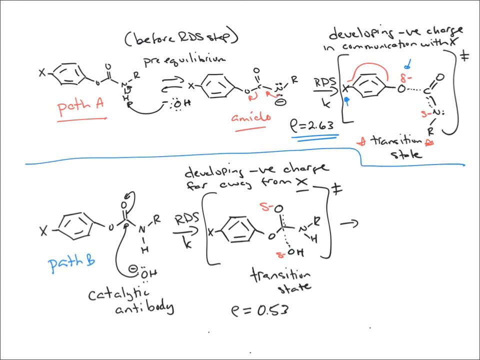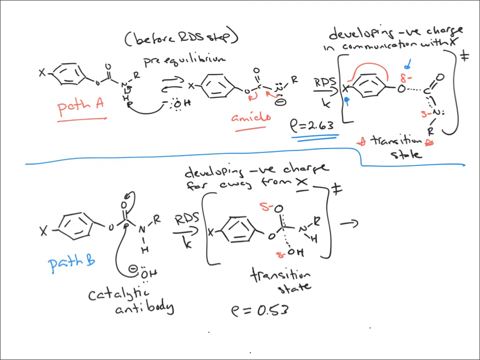So the rho value that we obtained under conditions where a catalytic antibody was contained in the solution was much smaller at 0.53. It was still positive. And so this suggests that a different mechanism must be taking place when the catalytic antibody is present in solution.